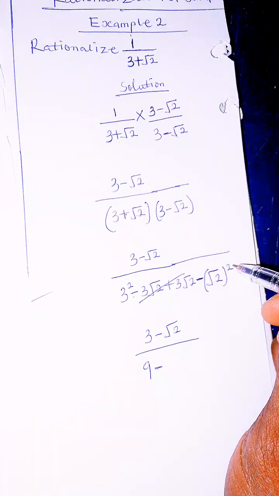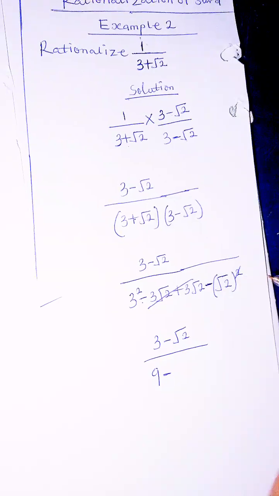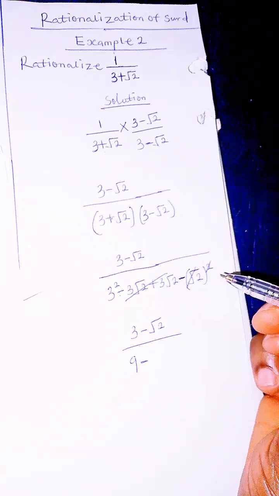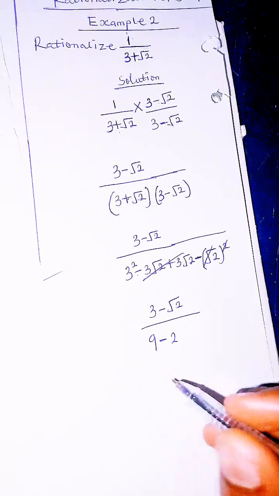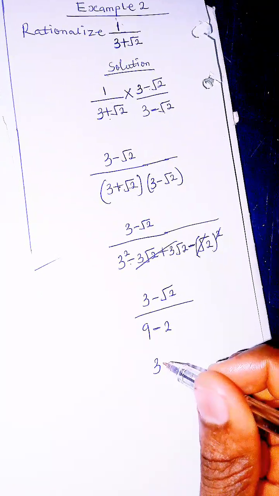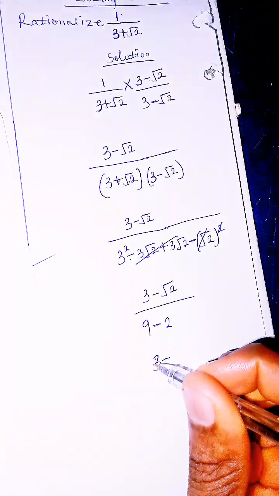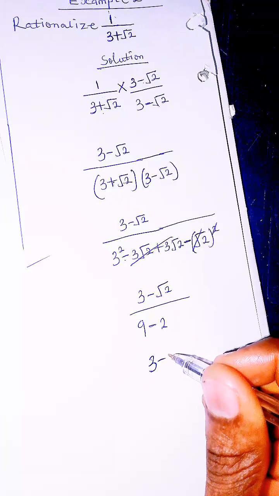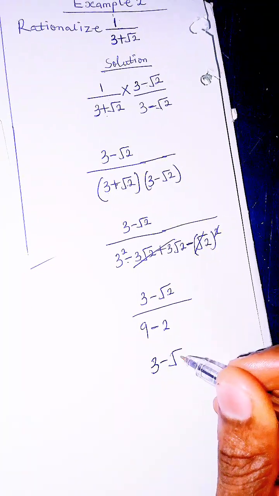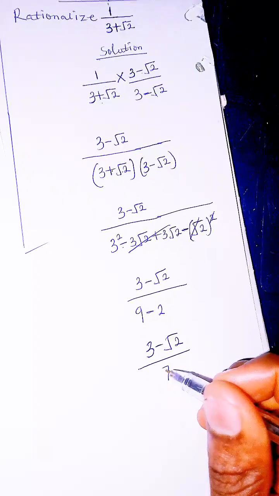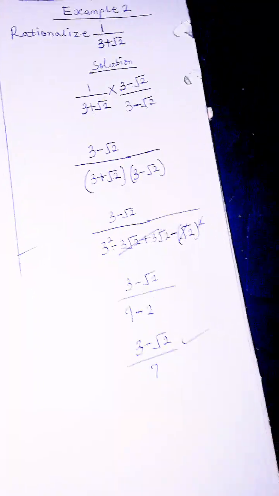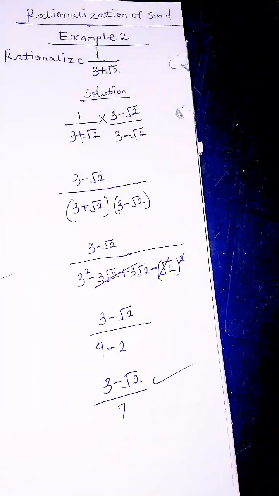Square. This raised to power of 2 cancels this square root symbol. We have 2 remaining, such that we have 3 minus root 2 over 9 minus 2 is what? 7. This is the answer to this kind of question.